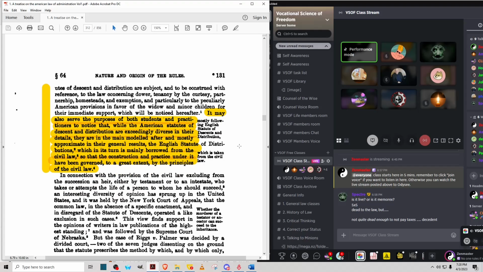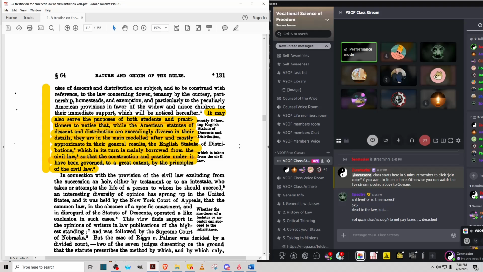It may also serve the purpose of both students and practitioners to notice that while the American statutes of descent and distribution are exceedingly diverse in their details, they are, in the main, modeled after and mostly approximate in their general results to English statutes of distributions, which in its turn is mainly borrowed from the civil law, so that the construction and practice under it have been governed to a great extent by the principles of the civil law.